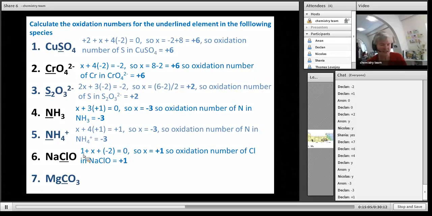So remember, potassium, lithium, sodium are all in group 1. They'll form +1 ions. So that's where that 1 comes from. X is my unknown. Remember, rule number 2, oxygen in any compound is -2 unless it's a peroxide. And it's neutral overall, so it's got to be equal to 0. And then if you solve for x, you should get x is equal to +1.